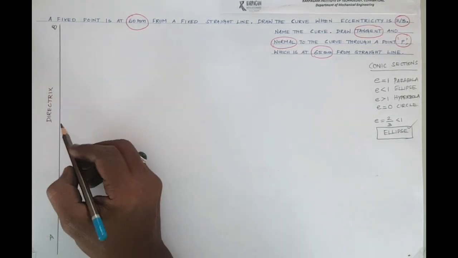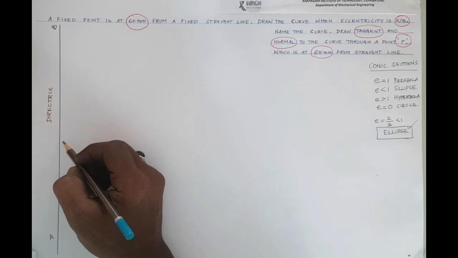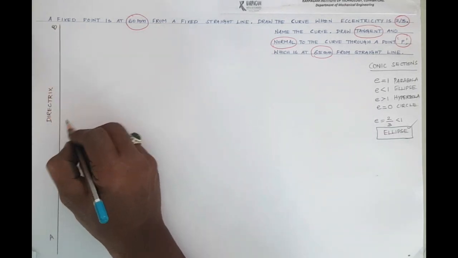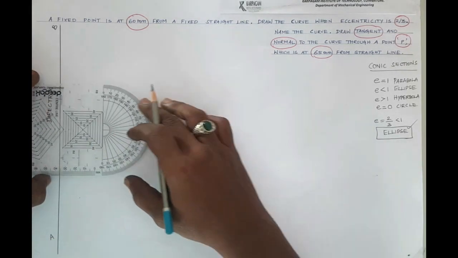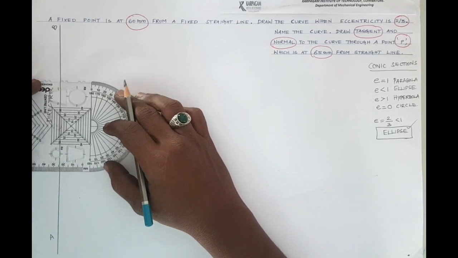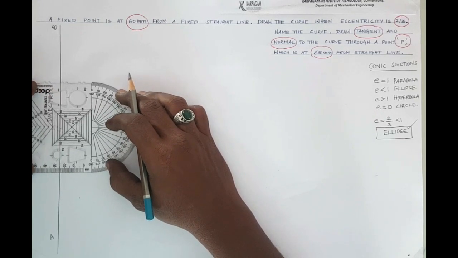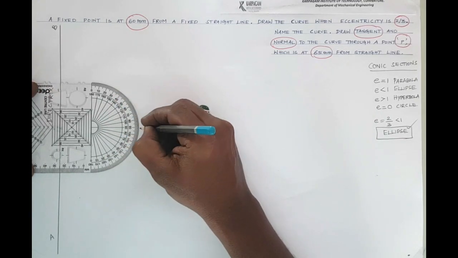Then after that, approximately at the center of this vertical line, mark one point, then place your protractor on that point, then mark 90-degree point.